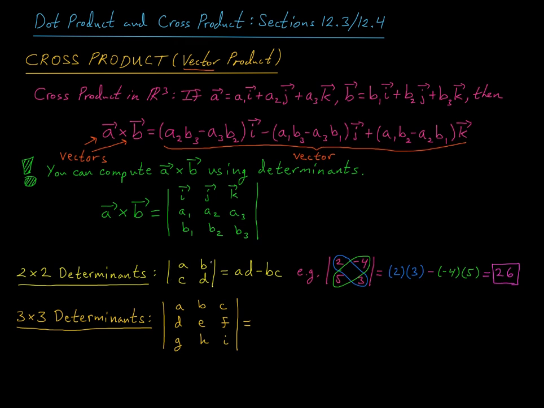So the 2 by 2 determinant of this matrix is defined to be AD, the product of the diagonal elements, minus BC, the product of the off-diagonal elements. As an example, for the matrix 2, negative 4, 5, 3, the determinant is 2 times 3, which is 6, minus negative 4 times 5, and that comes out to be 26.